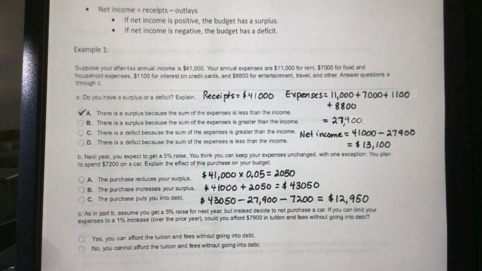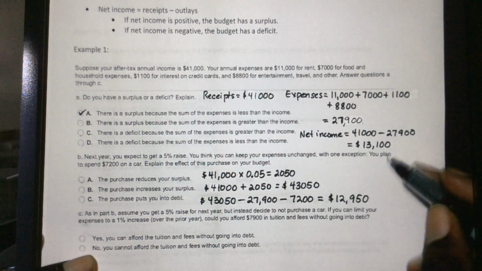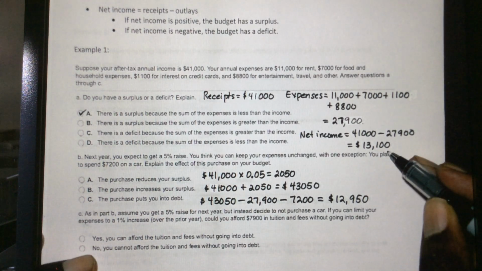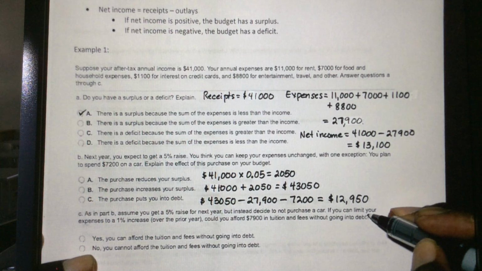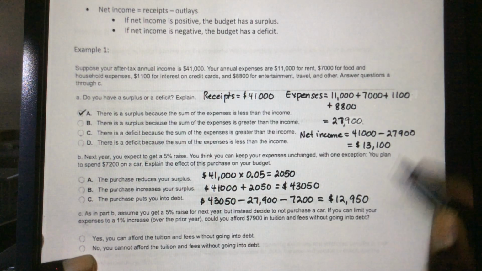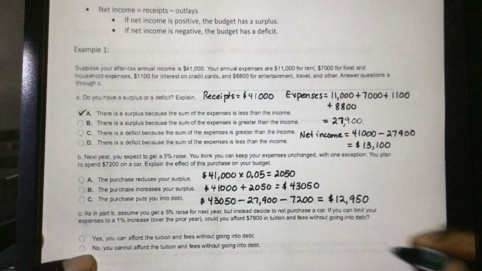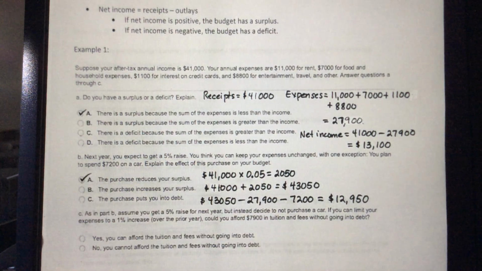The only thing different, between the net income that we got in Part A and the one we got in Part B, is that our surplus will be reduced. We'll still have a positive surplus, but it's just going to be reduced by about $150.